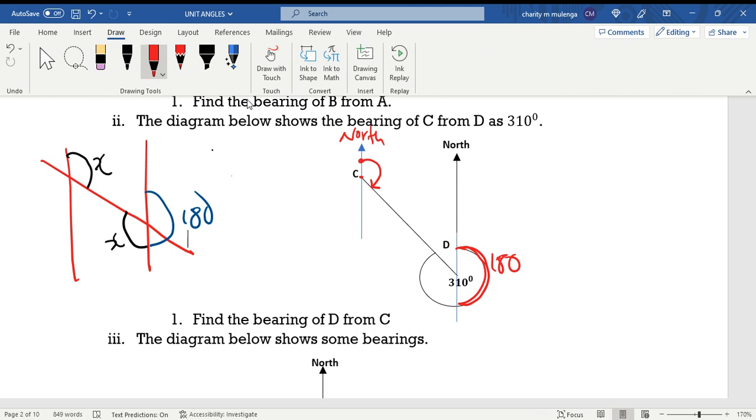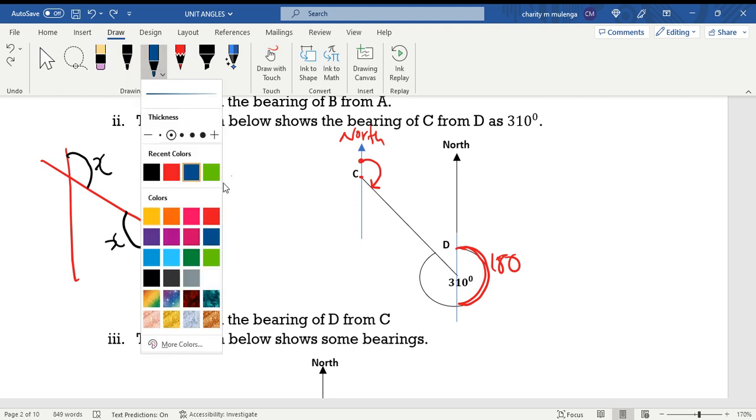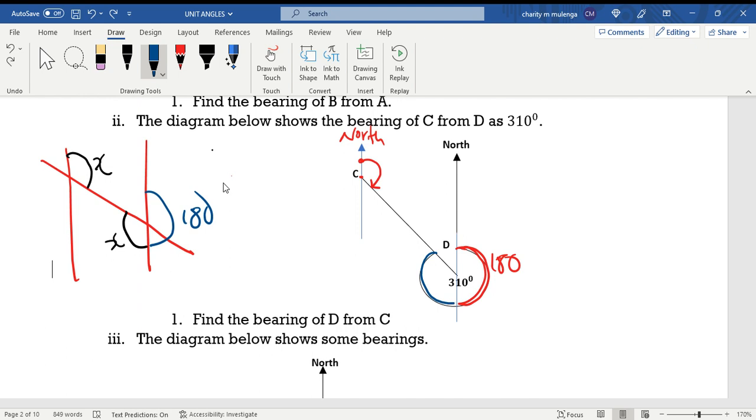And this angle here and this angle here are equal.